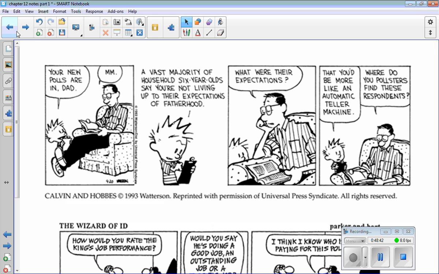Yeah, Hobbes. So that would probably be a convenient sample. It suffers from undercoverage, and it could be voluntary response. Convenient sampling is a biased sampling in and of itself, so you can say that as well.